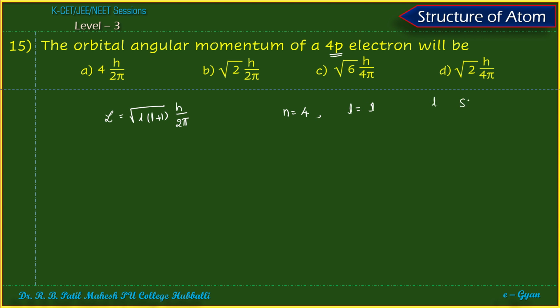Remember, L value for s is 0, for p is 1, for d is 2 and for f is 3. By substituting L value, we get 1 into bracket 1 plus 1, h divided by 2 pi, which is equal to root 2 h divided by 2 pi. So orbital angular momentum of 4p electron will be root 2 h divided by 2 pi, that is option B.